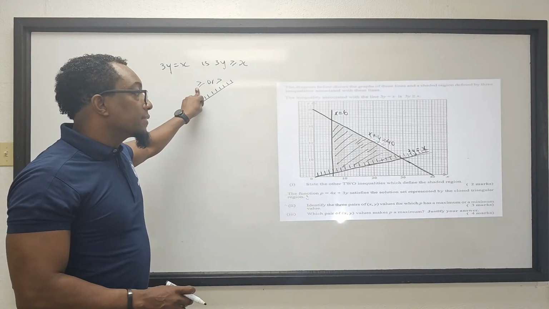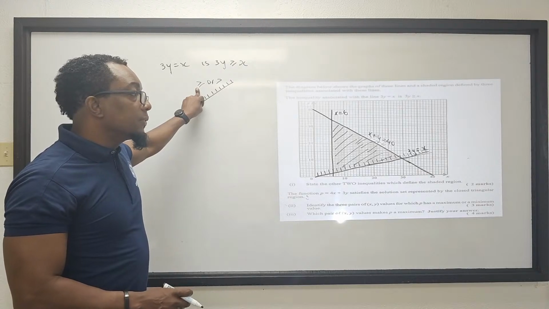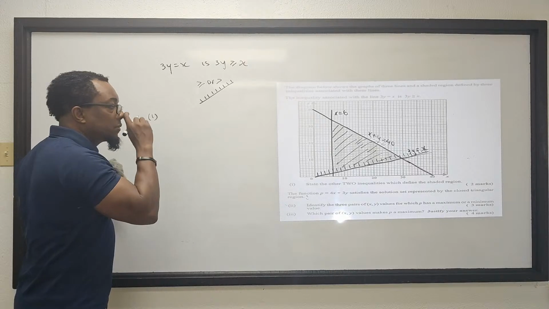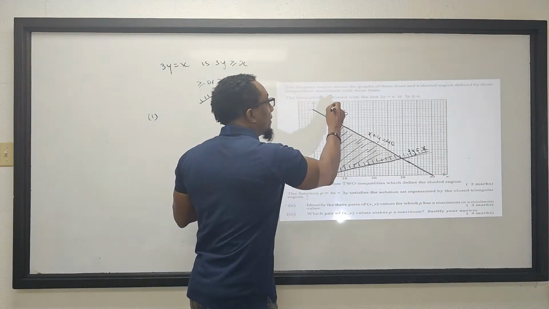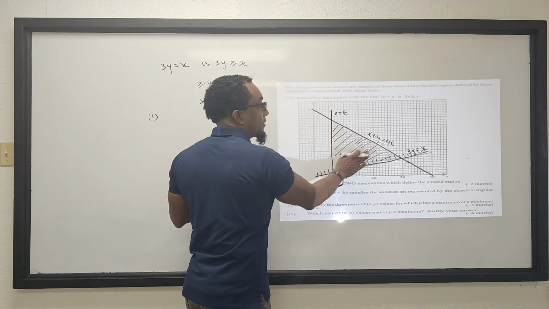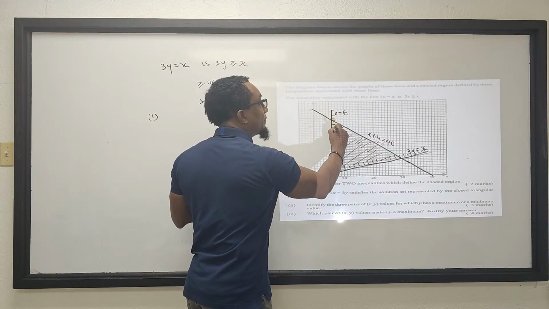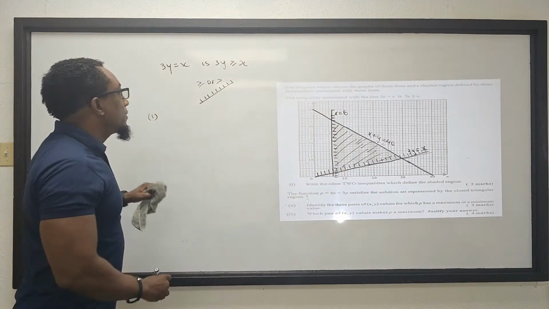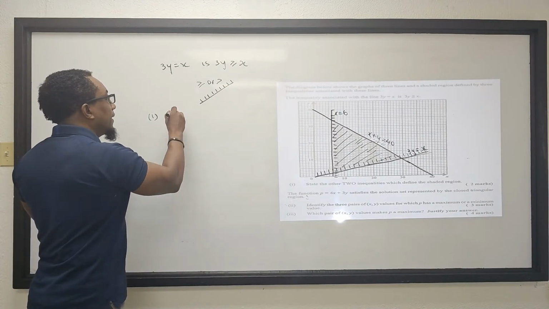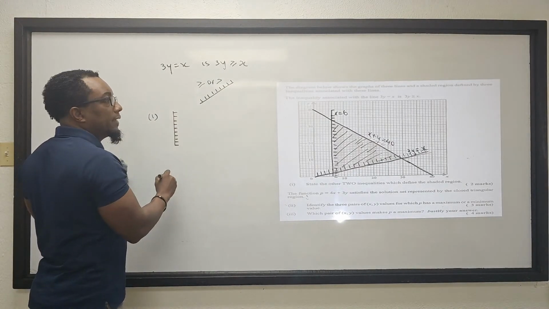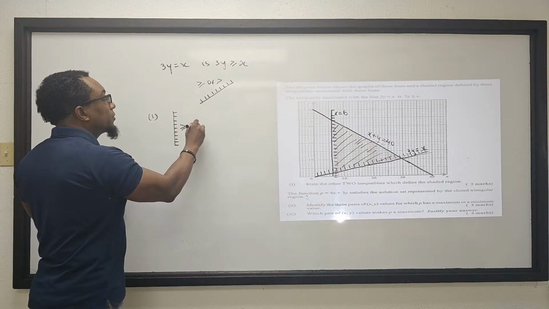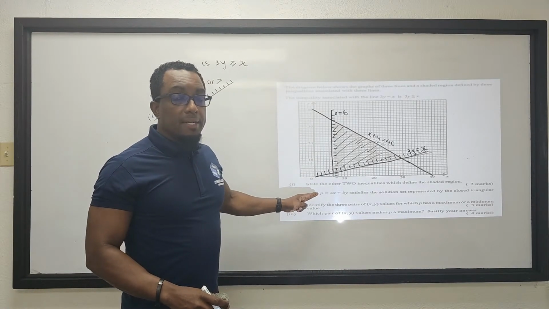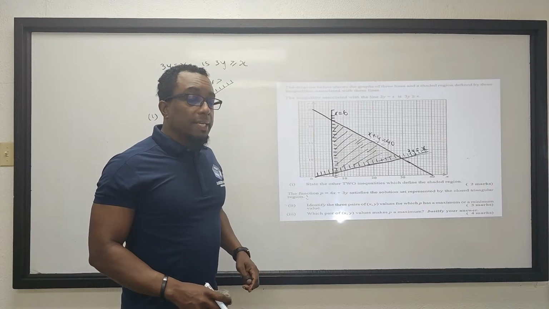Okay? And they want us to state the other 2 inequalities defined by the shaded region. Let's look here. This is x equal to 6, and this is my satisfied region, which means I have to shade this way. If I have a vertical line shaded that way, this means greater than or equal to or greater than, but because the line is solid, we're going to use greater than or equal to.